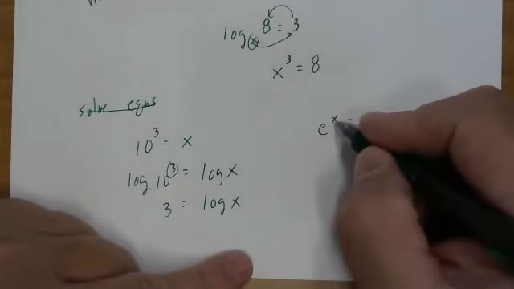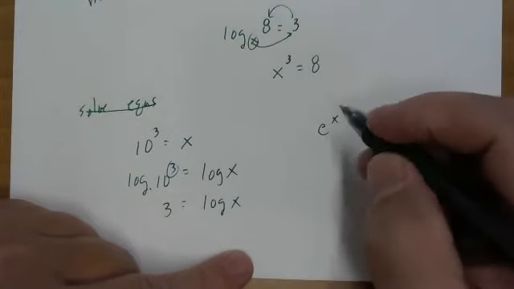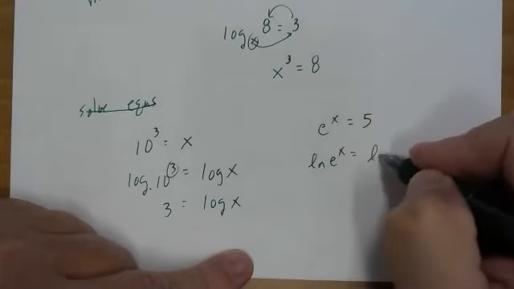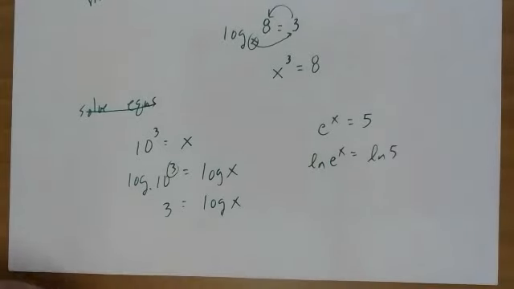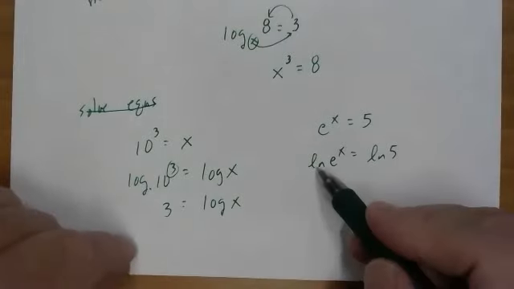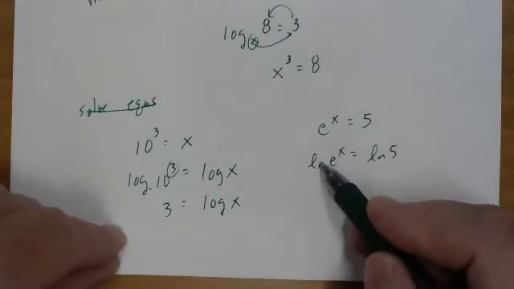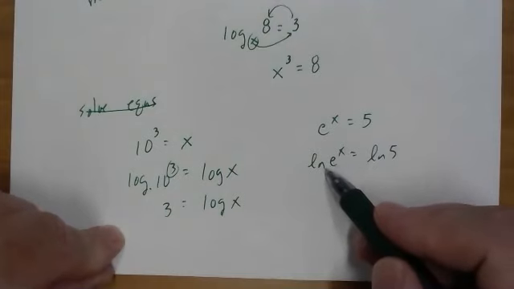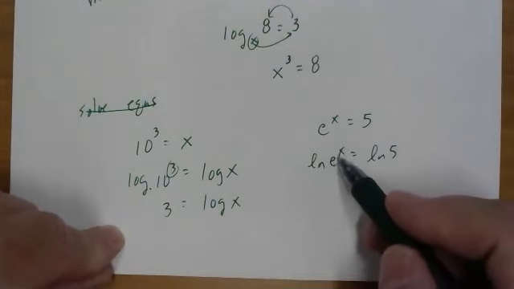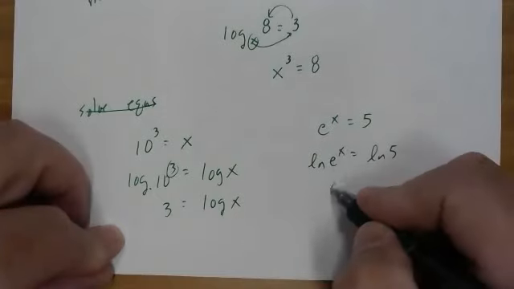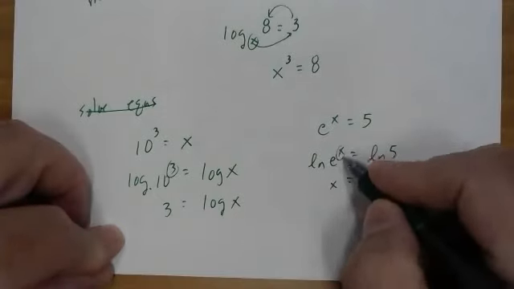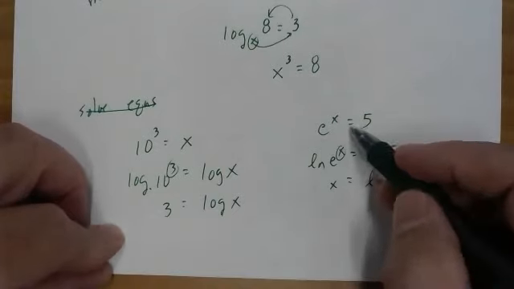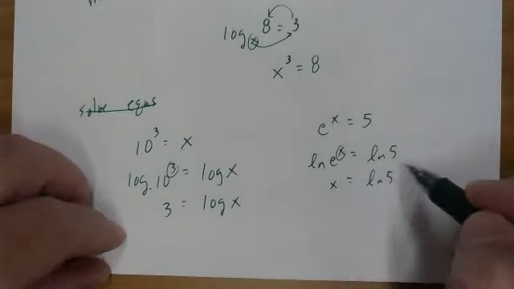My base is e, so I'm going to take the log base e of both sides, which we call the natural log. Now, natural log of e to the x, you can think of this as log base e of e to the x. The base of my log and the base of the exponential equation is the same, so I'm left with just the exponent. So e to the x equals 5 is the same as x equals natural log 5.